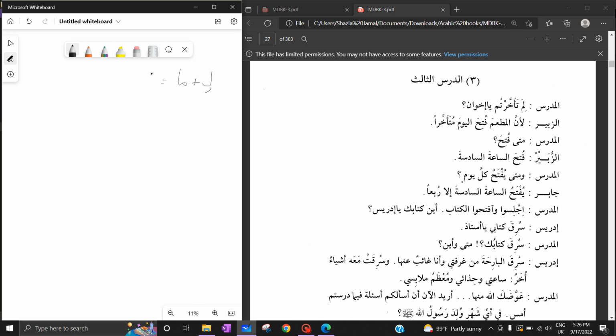So whenever a questioning tool, ma is the questioning tool, is added with harf jar, the long vowel alif is deleted. It drops. So it becomes lima. Lima ta'akhartum. Ta'akhartum means late. Why are you late, ya ikhwan? Ta'akhir comes from this word ta'akhar.